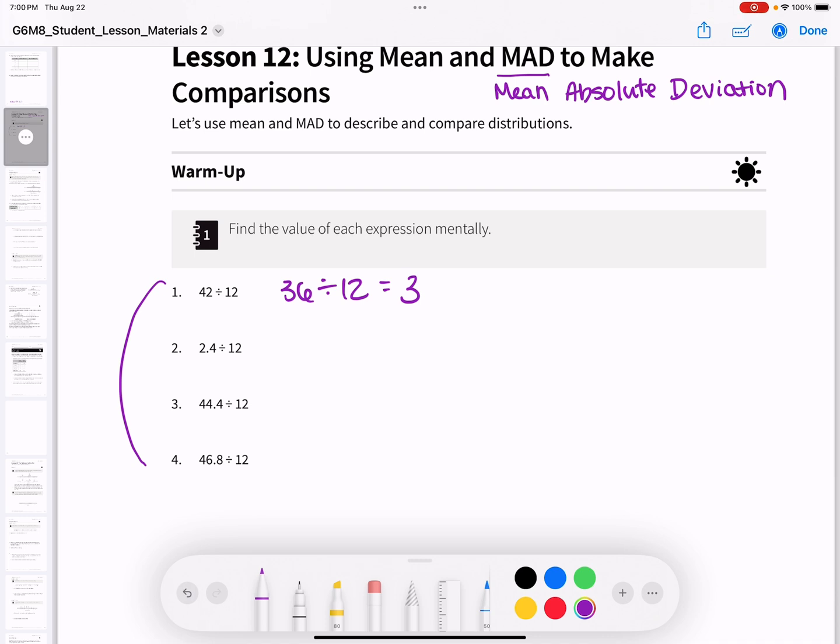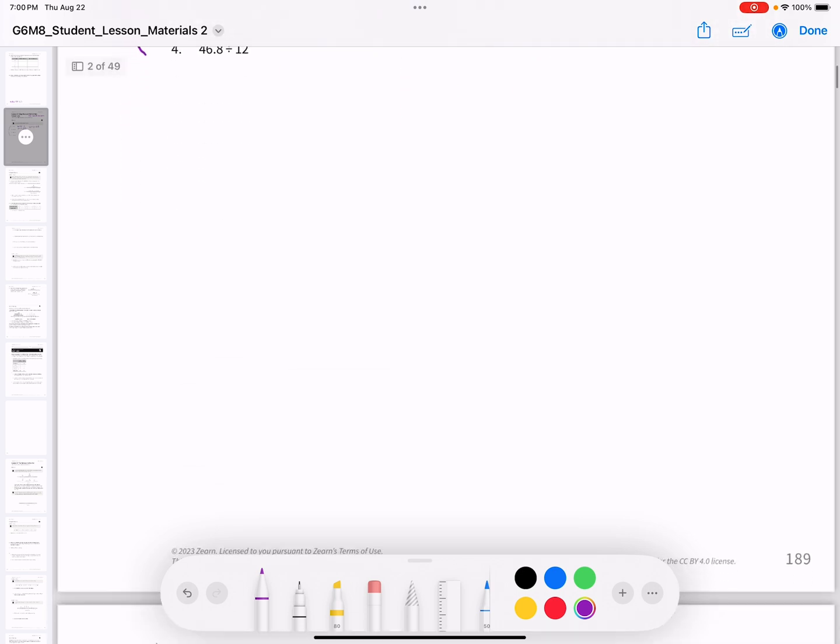So 6 divided by 12 equals 0.5 because 6 is half of 12. And then I have to add those together. So 42 divided by 12 equals 3 5/10, 3.5. All right, you can try the rest on your own.